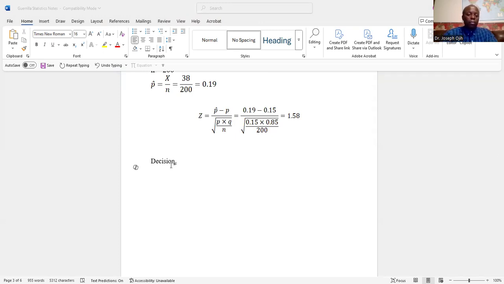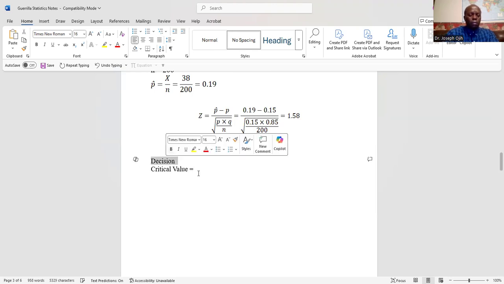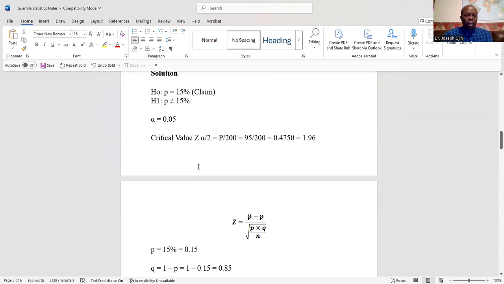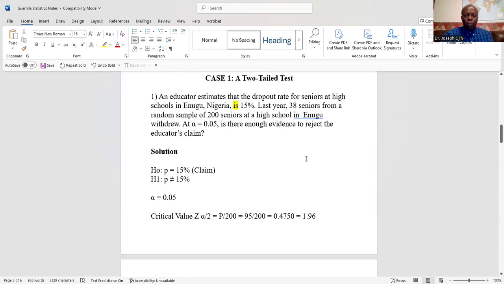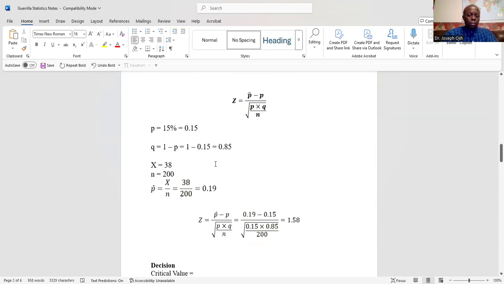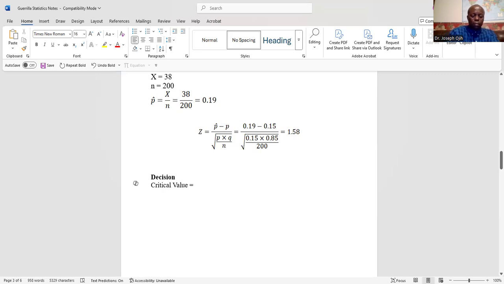The critical value, we'll have it at the beginning as 1.96. The critical value is Z alpha over 2. That's Z alpha over 2.